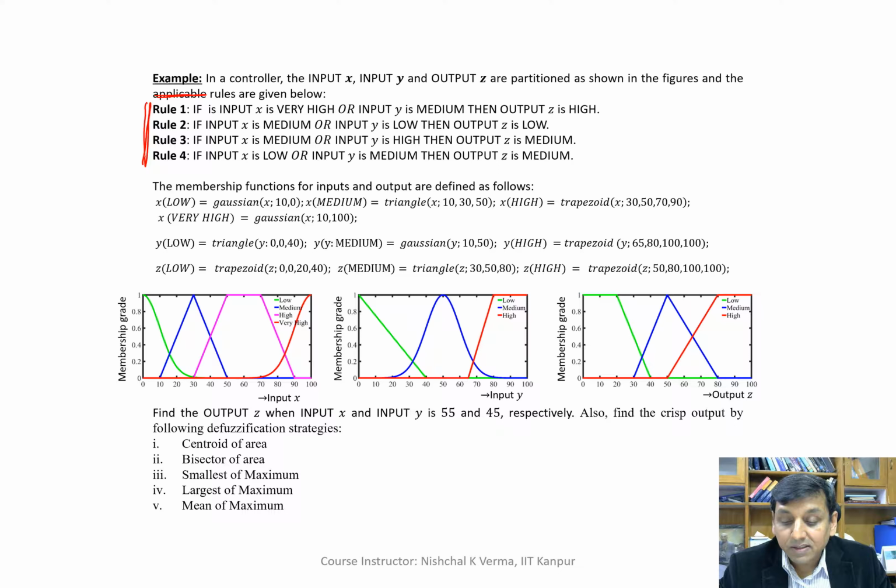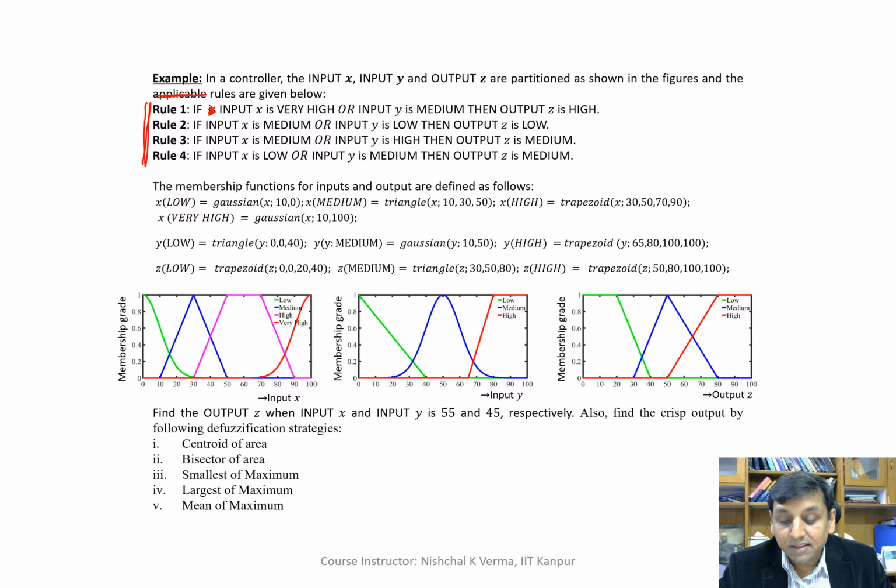Rule number 1 says that if input X is very high or input Y is medium, then output Z is high. Similarly, rule 2 says that if input X is medium or input Y is low, then output Z is low.